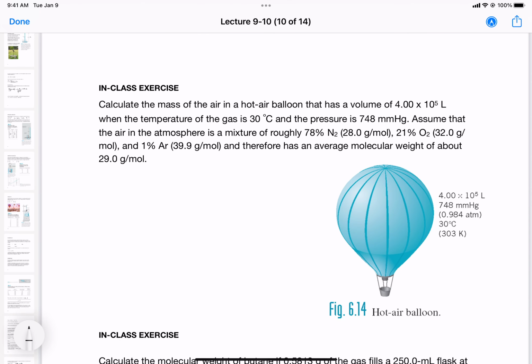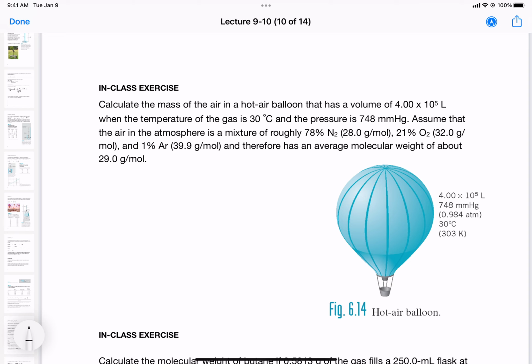Okay, so let's try this example. Calculate the mass of the air in a hot air balloon that has a volume of 4.00 times 10 to the 5th liters when the temperature of the gas is 30 degrees Celsius, and the pressure is 748 millimeters of mercury.